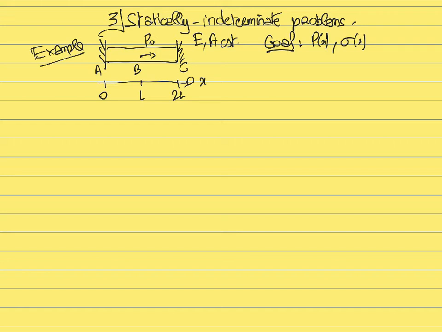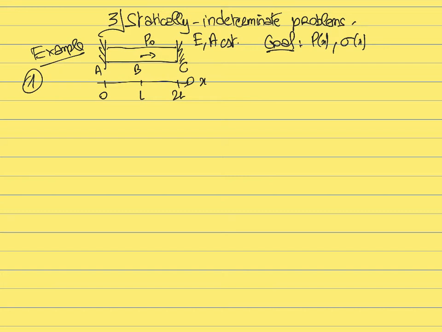Okay, so let's assume that initially we would apply the usual method for this. We would start with the free body diagram, then we would identify the unknowns. Since this is an axial load problem, and since there is no vertical force and no moment applied, I'm going to only focus on the normal component of the reactions of the supports.